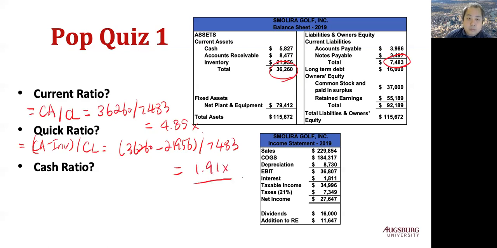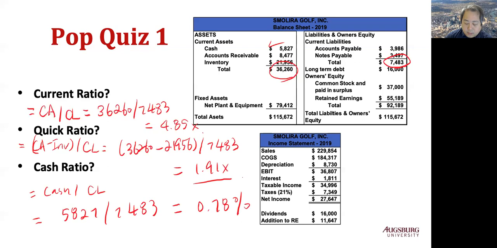Cash ratio: cash divided by current liability, 5,827 divided by current liability 7,483. It's going to be 0.78. Oh no, 0.78 times.